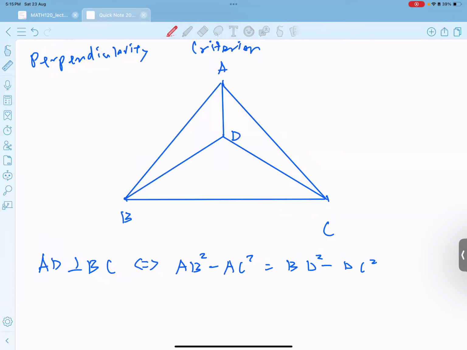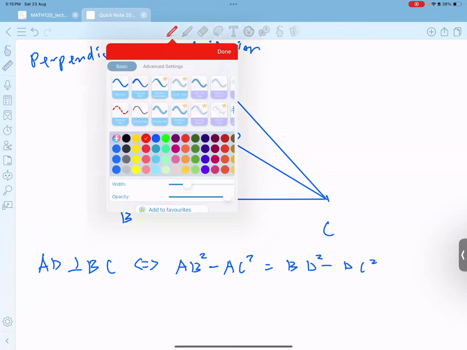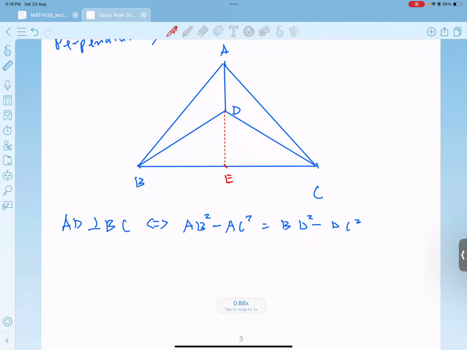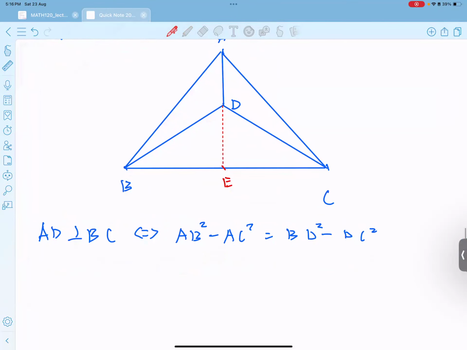So we're going to construct a point E. And then if we arrange this, so hold on.